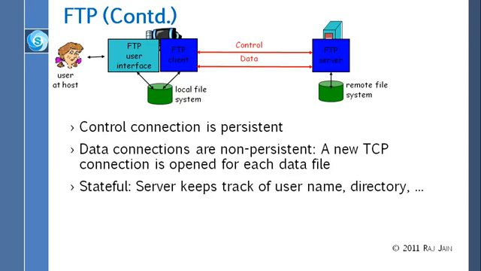So the data connections are non-persistent and stateful. And the server has a complete state. It knows what directory you are in, what device you are in, and so on and so forth. What is your username? So until you close the control connection, the whole state is maintained. This is, in some sense, opposite of HTTP.